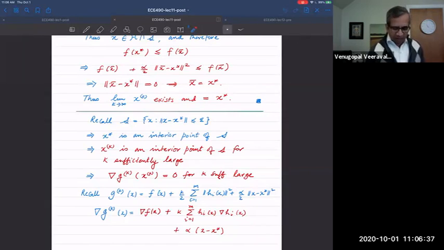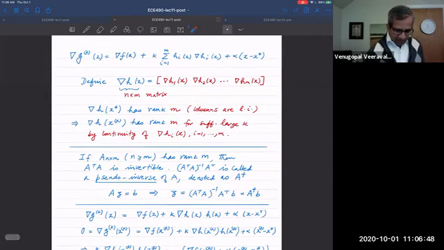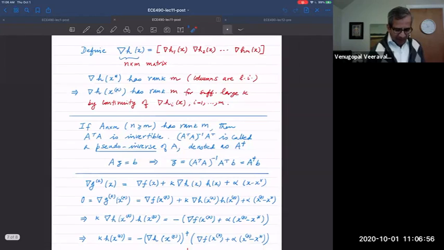The rest of it was just mechanics to get the condition. One other key idea that we exploited was the notion of a pseudo inverse. If you have an n by m matrix A that is full rank, with rank m, n bigger than m, then A transpose A is an m by m matrix, and A has a Moore-Penrose pseudo inverse, which is given by this matrix.